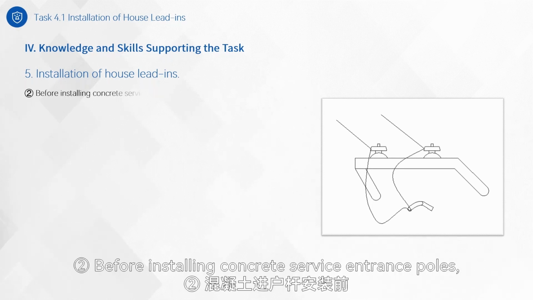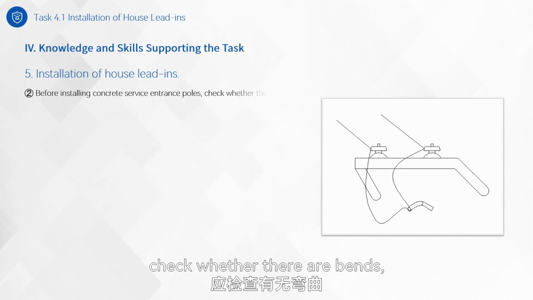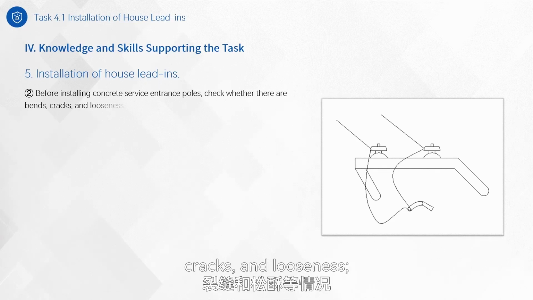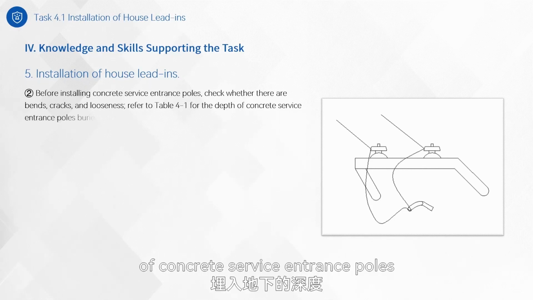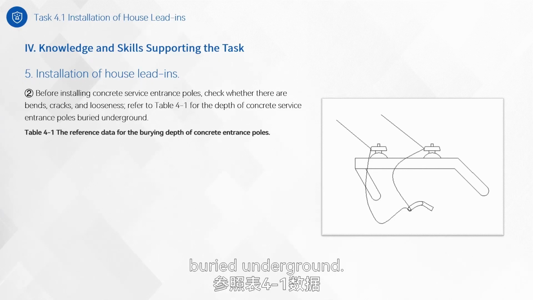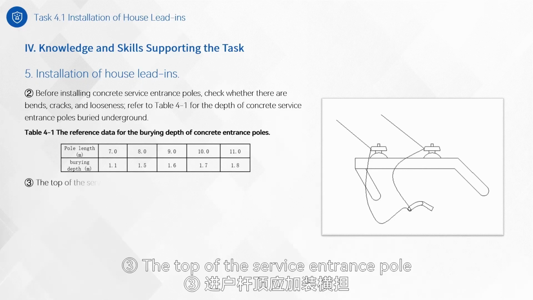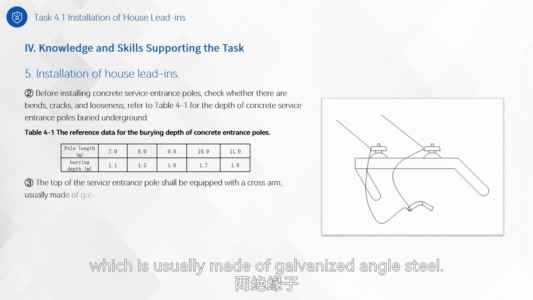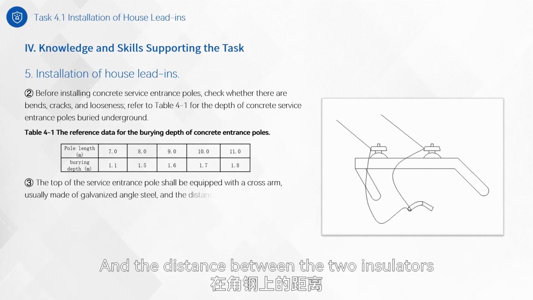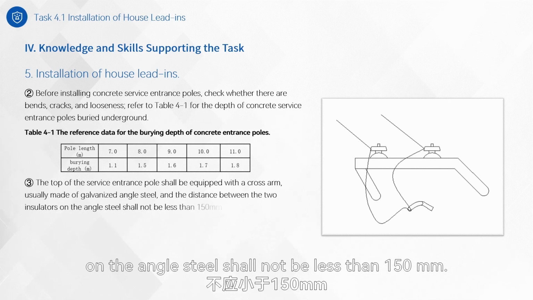Before installing concrete service entrance poles, check whether there are bends, cracks, and looseness. Refer to Table 4.1 for the depth of concrete service entrance poles buried underground. 3. The top of the service entrance pole shall be equipped with a crossarm, which is usually made of galvanized angle steel, and the distance between the two insulators on the angle steel shall not be less than 150 millimeters.